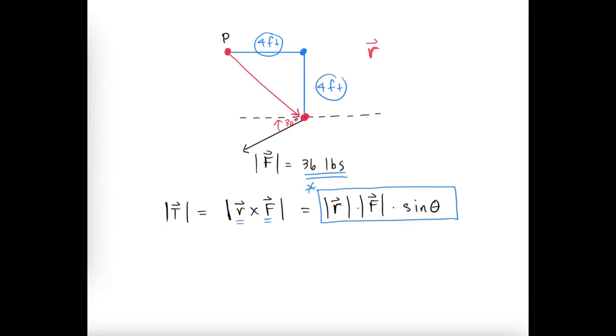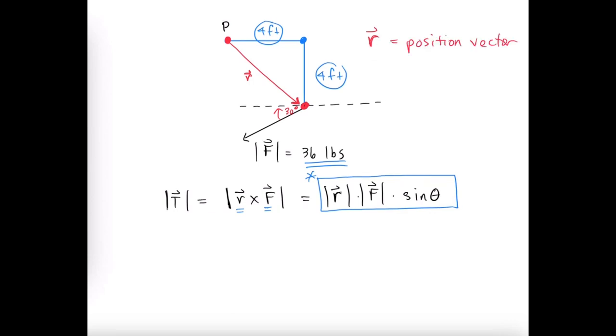So when we have a bent wrench, we're going to have to draw in the position vector so that the position vector starts at the pivot point and terminates where the force is being applied. Another way we consider the position vector is that it's also the length of the radial arm.